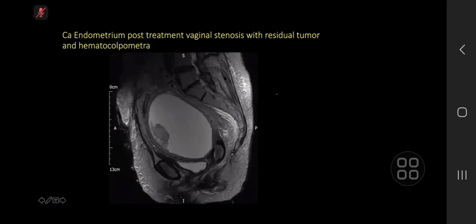Okay, so the uterine cavity is distended with high T2 signal seen within. Within this area of high signal, there is also an intermediate signal, almost lobulated lesion that someone has very kindly annotated.